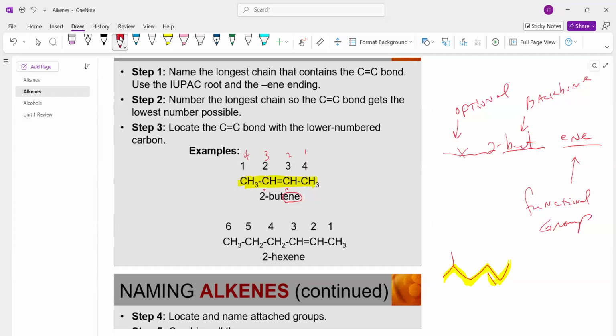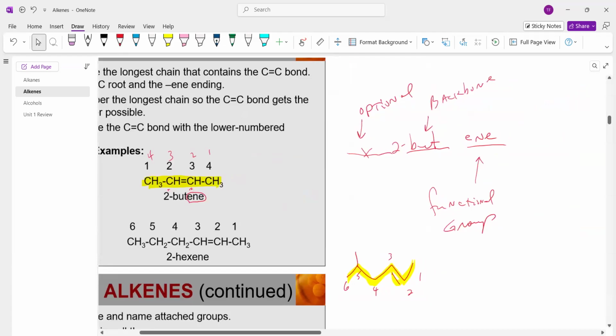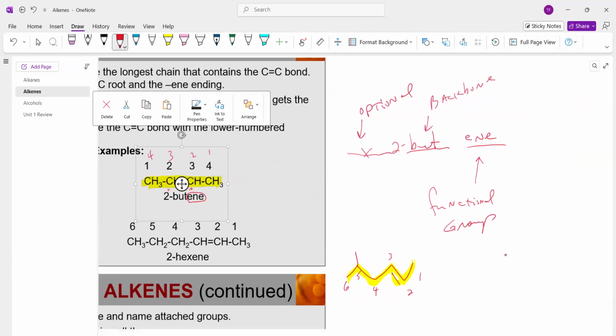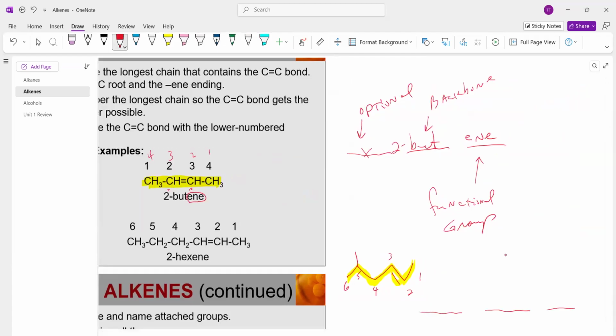And so it's going to be numbered 1, 2, 3, 4, 5, 6. Okay, so it's a 6 carbon backbone with a methyl branch on carbon number 5.